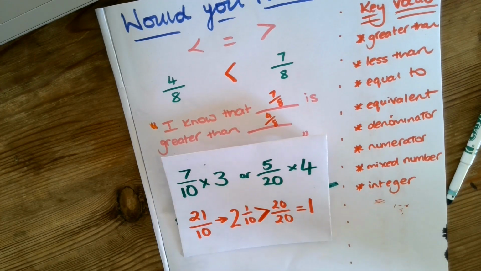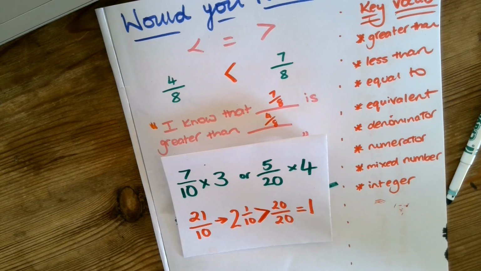Okay, so our reasoning, our example, our proof that we understand and we can explain our answer could read something like this. I know that 5/20 times 4 is less than 7/10 times 3 because 7/10 times 3 is greater than 1.